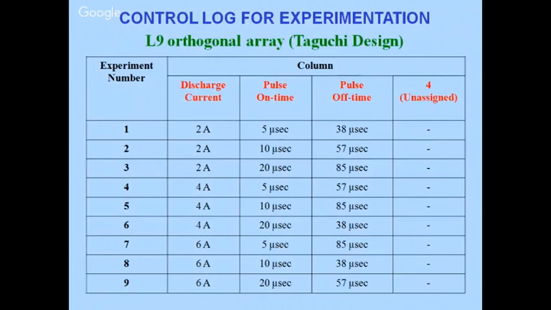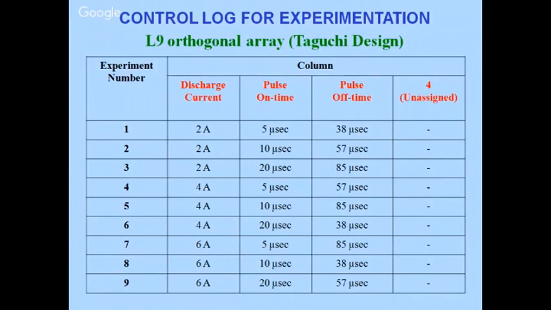Now this is making things more clear as I explained earlier. First column I have assigned discharge current. Second column I have assigned pulse on time. Third, pulse off time. So the levels I have fixed, I have written here, isn't it? Now I have to conduct all these 9 experiments.